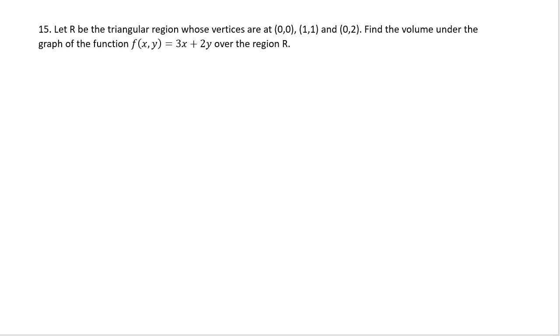Here it says the region R is a triangular region whose vertices are 0, 0, 1, 1, and 0, 2. So let's draw the domain. 0, 0, 1, 1, and 0, 2. Oh, I see. So it says triangular domain.